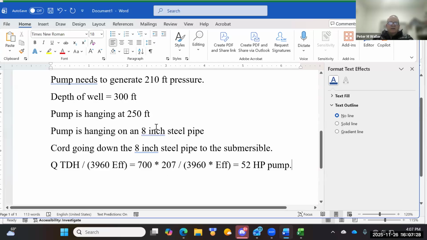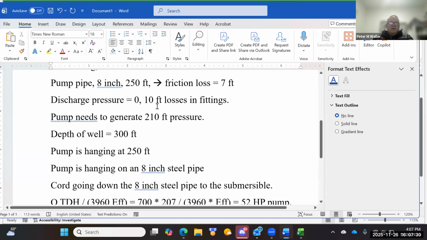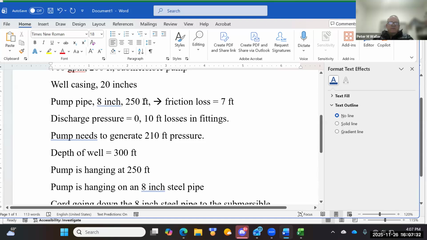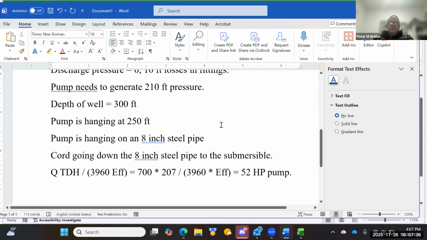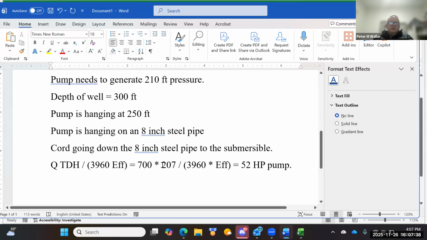So I had 207 feet of head. Remember, my water table was 200, and then I have 7 feet of head of friction loss. So 207 feet of total dynamic head when the water's flowing, and 700 gallons per minute divided by this conversion factor, 3960 times efficiency, gives me a 52 horsepower pump.